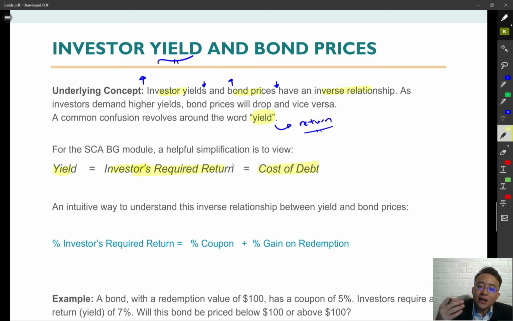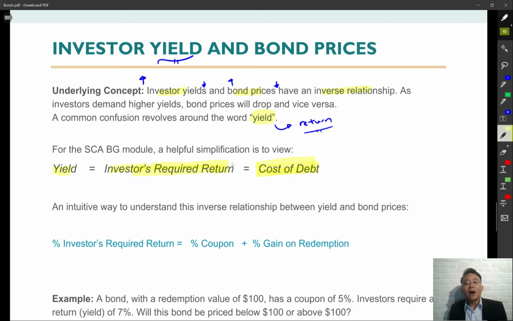It's just like I earn a salary, my salary is a cost to my employer. So whatever I require as my earnings, whatever I require as my return, do keep in mind, in bonds, that is the cost of the company's debt.